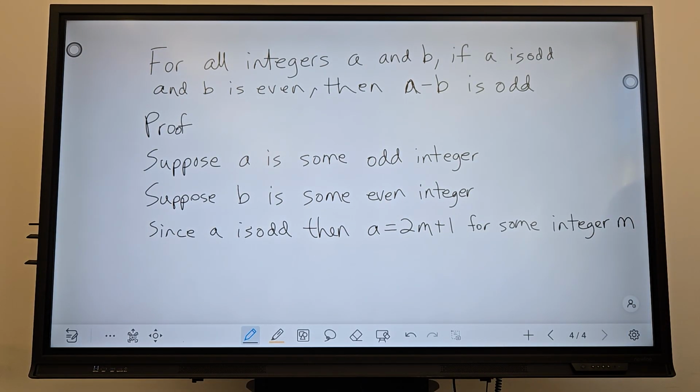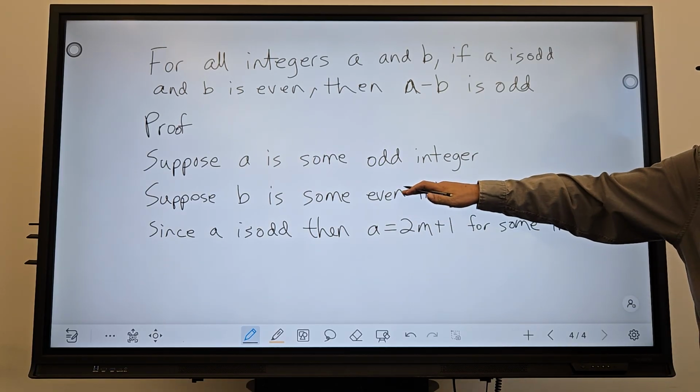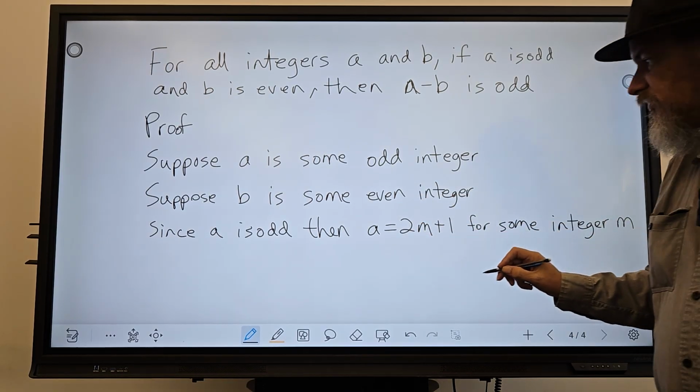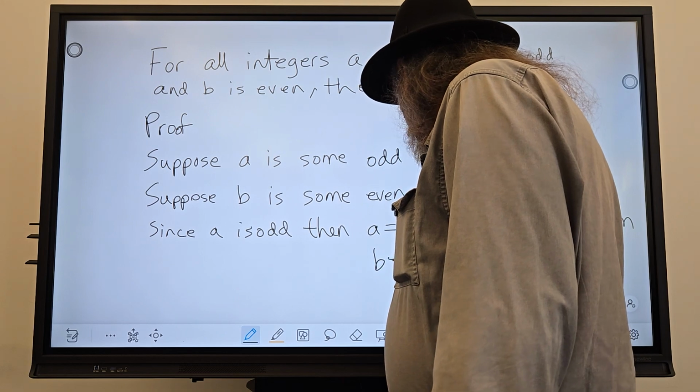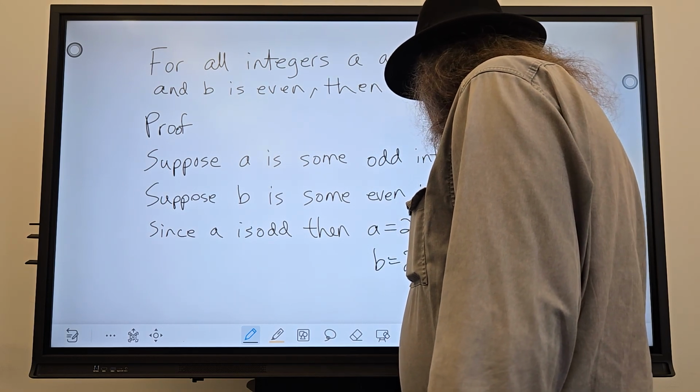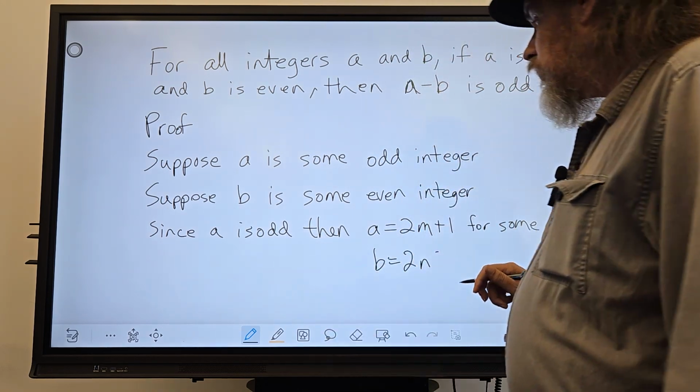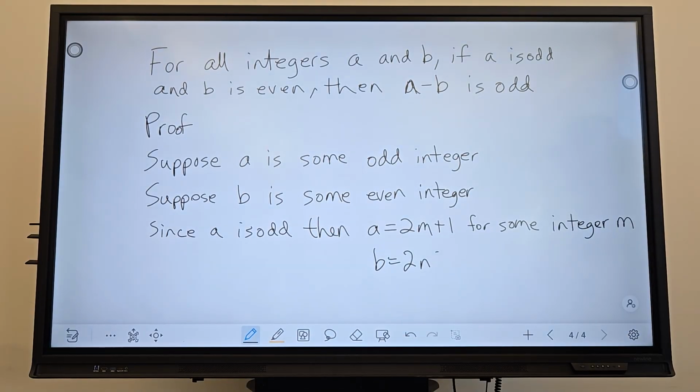The definition of even could be used to show b is equal to 2n for similar reasons.